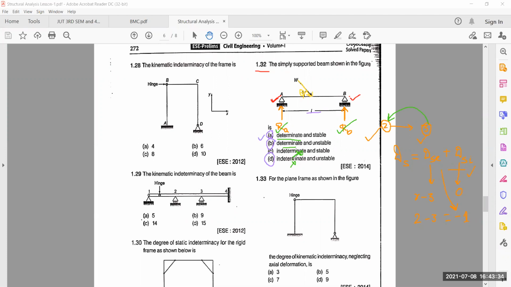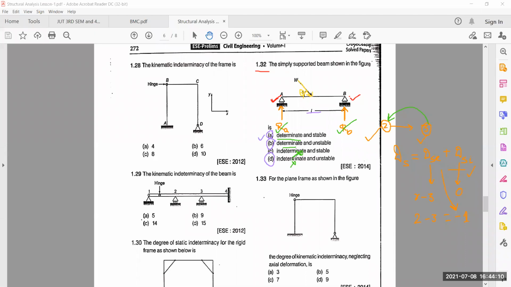But we also have to check whether this beam is stable or unstable. If you observed my last sessions carefully, I said the minimum number of reactions required to make a structure stable is 3. Here only 2 reactions are available, RA and RB.